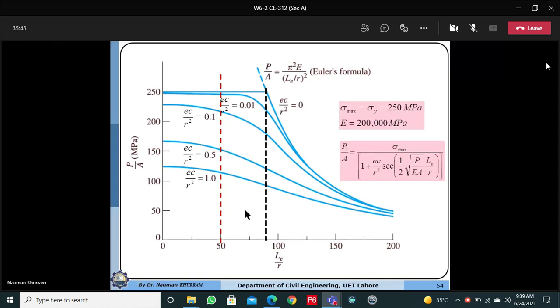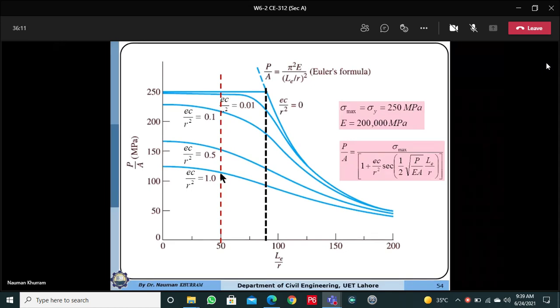For example, if I fix the slenderness ratio at 50 and sigma maximum at 250, then you can see that if the eccentricity ratio is 0.1, the column will yield at an applied stress value of maybe 220. And if the eccentricity ratio is 0.5, the same column will yield at a stress value of maybe 150.